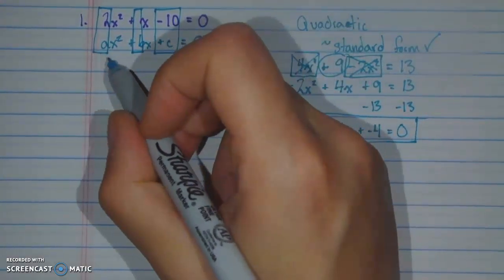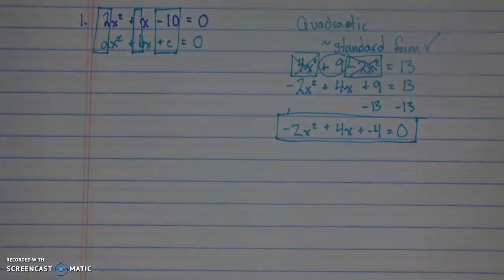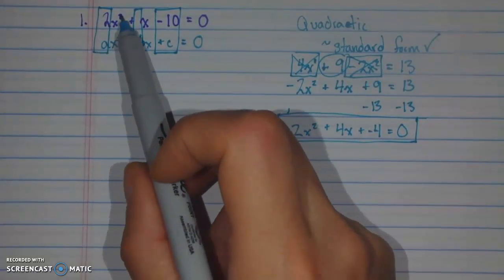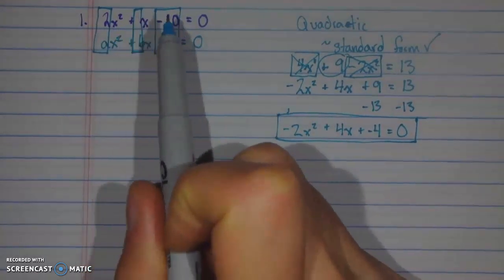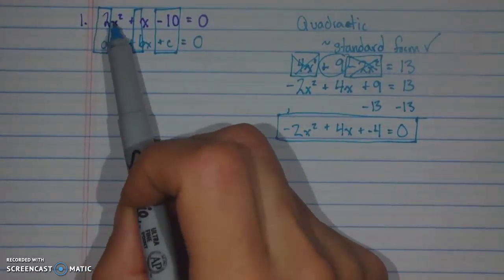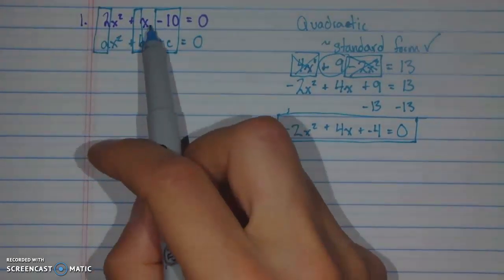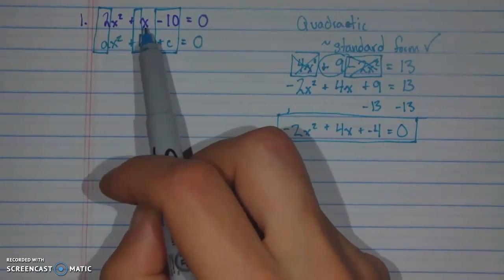And the reason why we want to know these is because these are going to be the foundation variables of our formula. Now, if I had asked you to solve this 2x squared plus 1x minus 10 is equal to 0, you would have run into a problem, because here we've got 2x squared and an x, and no matter what you do, you can't just combine those using addition, because these are unlike terms.